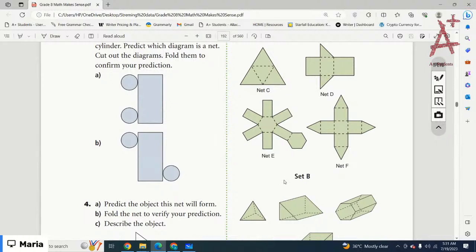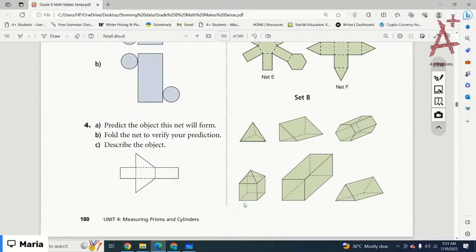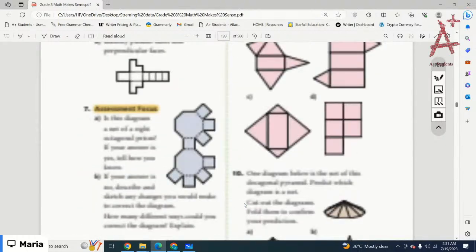Net D will make this one: right triangular prism. Got it? And net E will make this shape, and net F will make this shape. Got it? Okay.